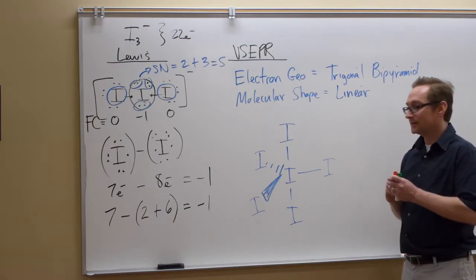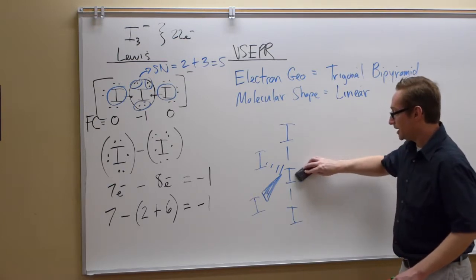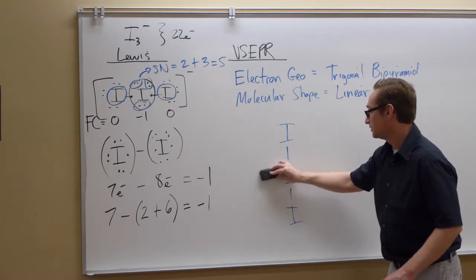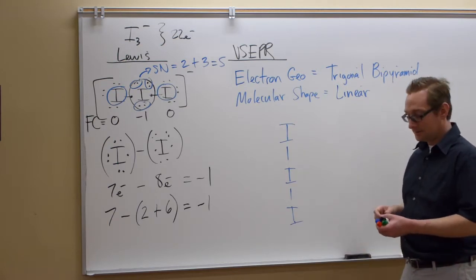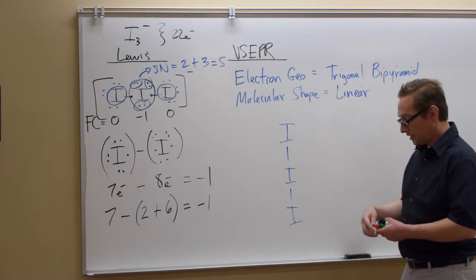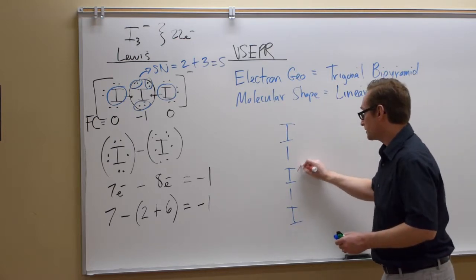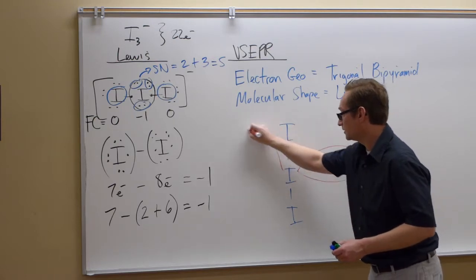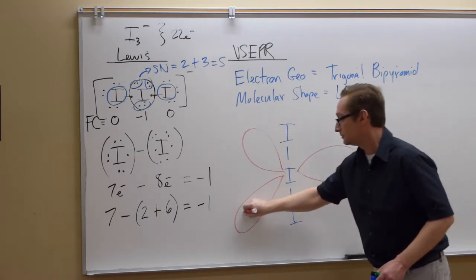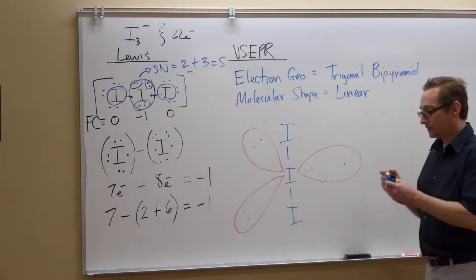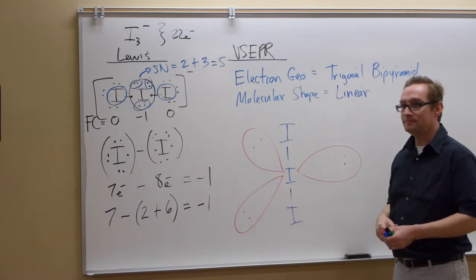The equatorial, right? So what ends up happening is we take off this equatorial atom and then these two, and then we get a linear shape. So again, if you wanted to do the phantom lone pairs, yes, we have lone pairs that are there, but really the shape is just this linear compound.